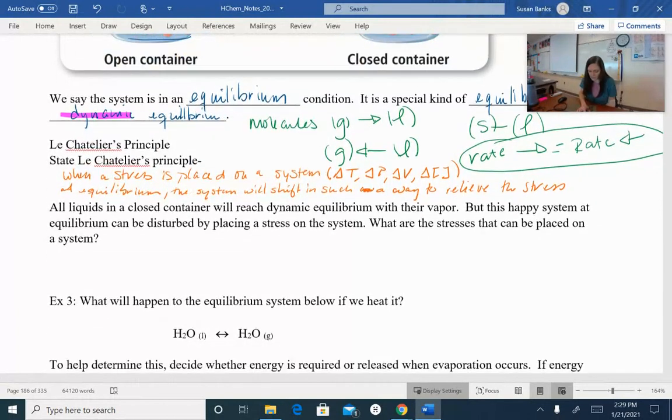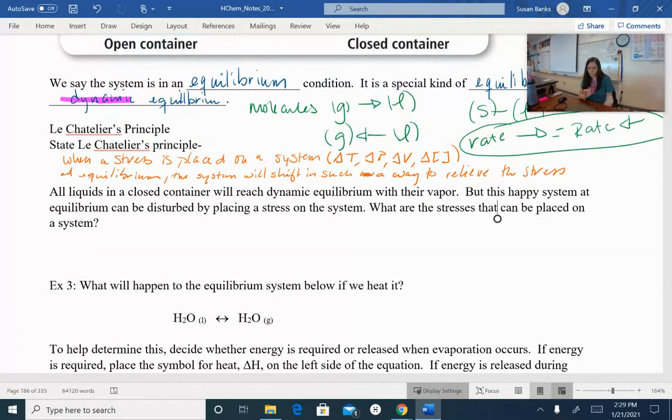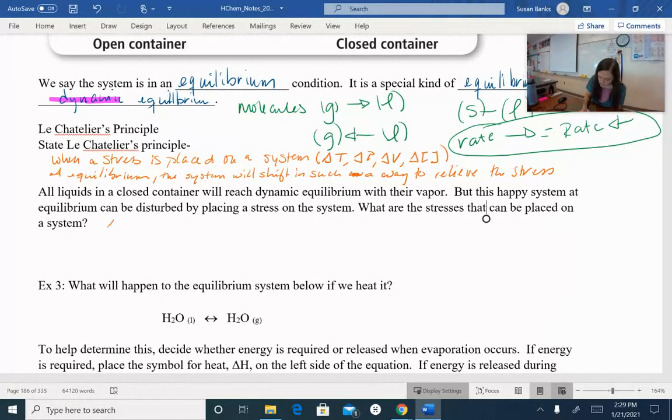So, all liquids in a closed container will reach dynamic equilibrium with the vapor in that closed system. But this happy system at equilibrium can be disturbed by placing a stress on the system. So what are the stresses that we can place on the system? We can change the temperature, we can change the pressure, okay?